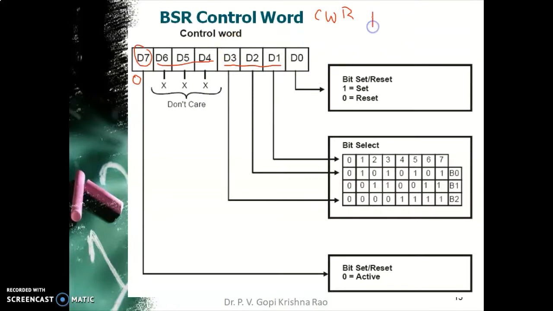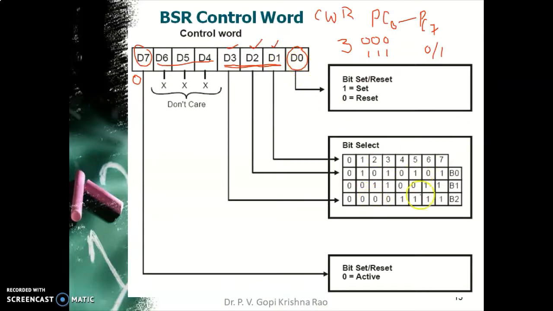Port C pins range from PC0 to PC7. So to address these 8 lines, we need 3 bits starting from 000 to a last value of 111. To achieve this, D3, D2, D1 are used, and D0 defines whether that particular bit, whichever you have selected using these 3 lines, is to be made equal to 0 or equal to 1. 1 for set, 0 for reset.